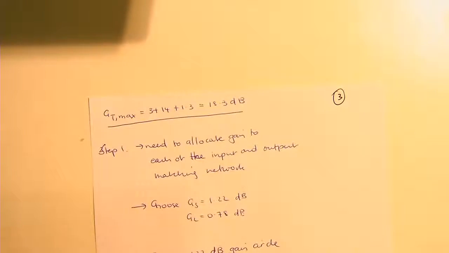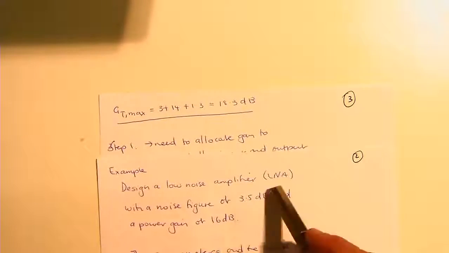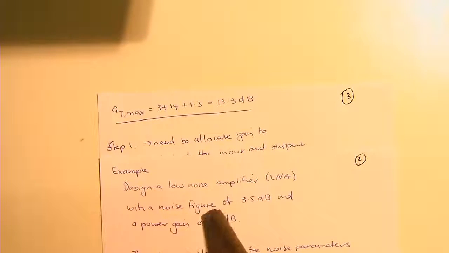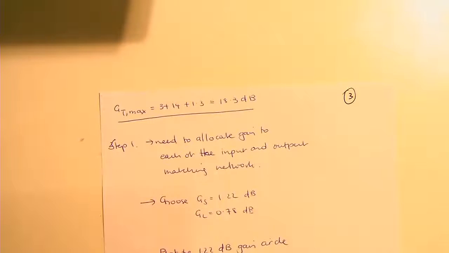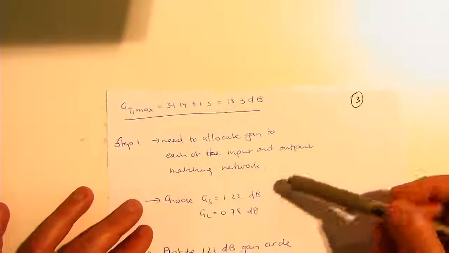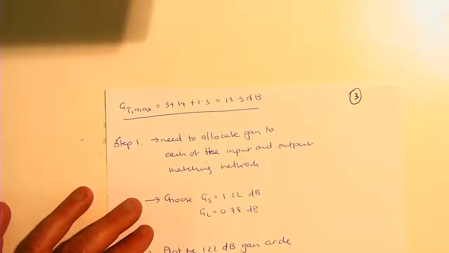We went through the process of saying, well, we wanted it to achieve a noise figure of 3.5 dB and a power gain of 16 dB. And went through the process of allocating the gain. Now, just to reiterate, in this particular example, what we did is we arbitrarily chose what the source and the load gains were going to be.